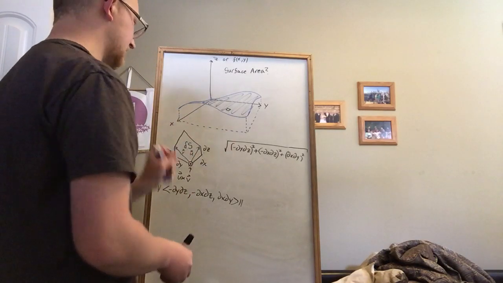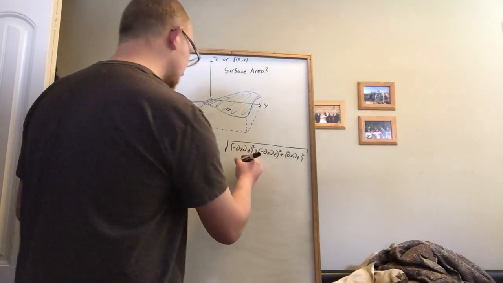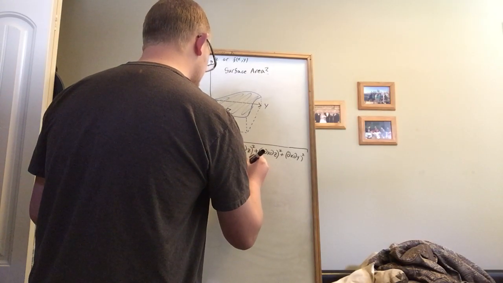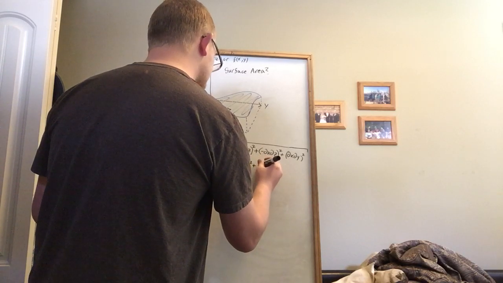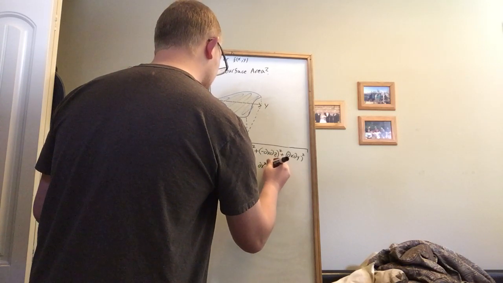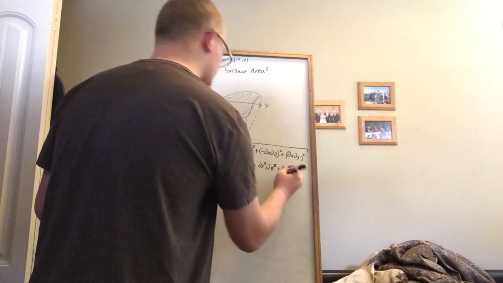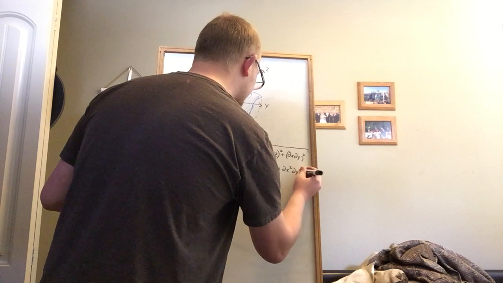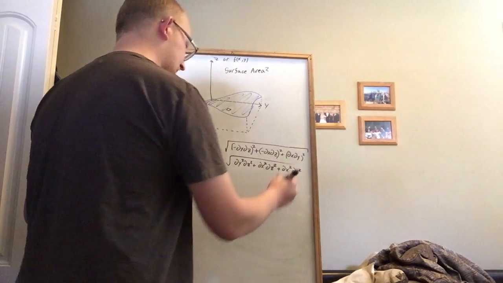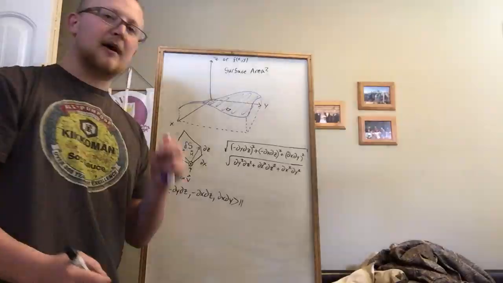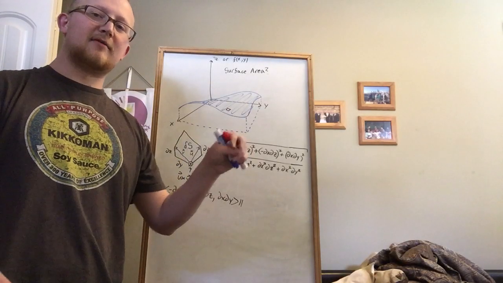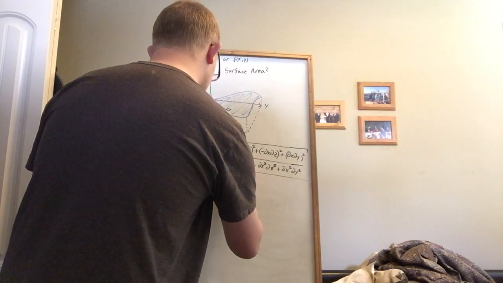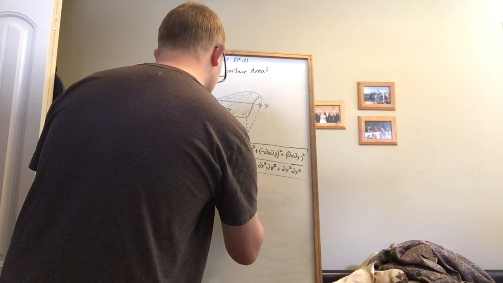And now we're just going to simplify it a little bit. You'll notice that when we square this, we get dy squared dz squared plus dx squared dz squared, and of course, because we squared them, they're all now positive. Now the next trick we've got up our sleeves is we're going to pull a dx squared and a dy squared out of everything. So under the radical, we factor out a dx squared and a dy squared.